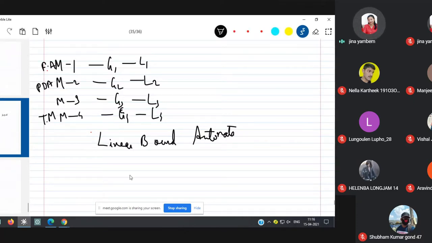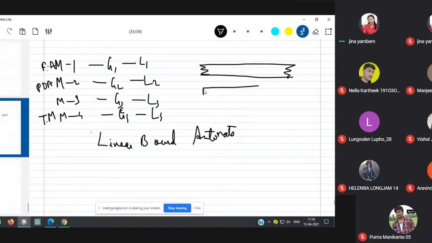So regarding this linear bound automata, in the case of Turing machine, generally the input tape of the Turing machine is not bounded on both sides, but for our convenience, we have considered that it is bounded on the left-hand side, and the right-hand side is not bounded. That was our assumption for convenience.